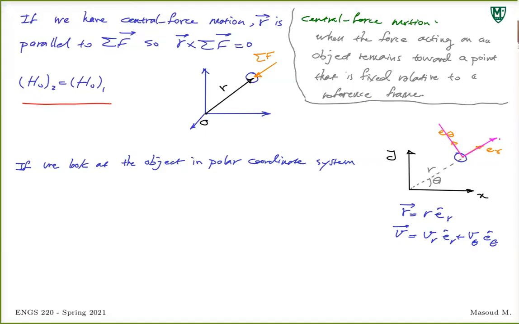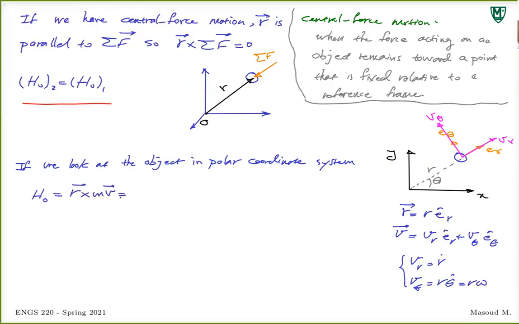This was VR. This was V theta. And hopefully you remember VR was R dot and V theta was R theta dot, or R omega. Now, if you look at it in polar coordinate frames, we get HO, angular momentum, equal to R cross MV.